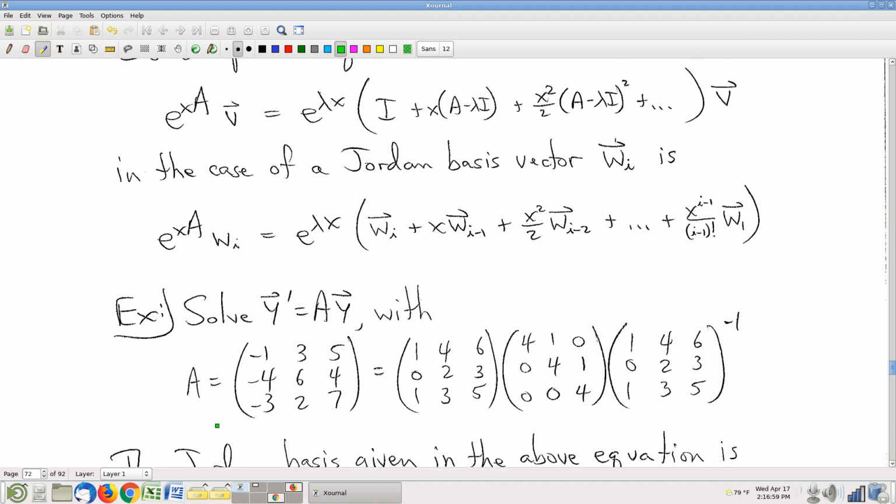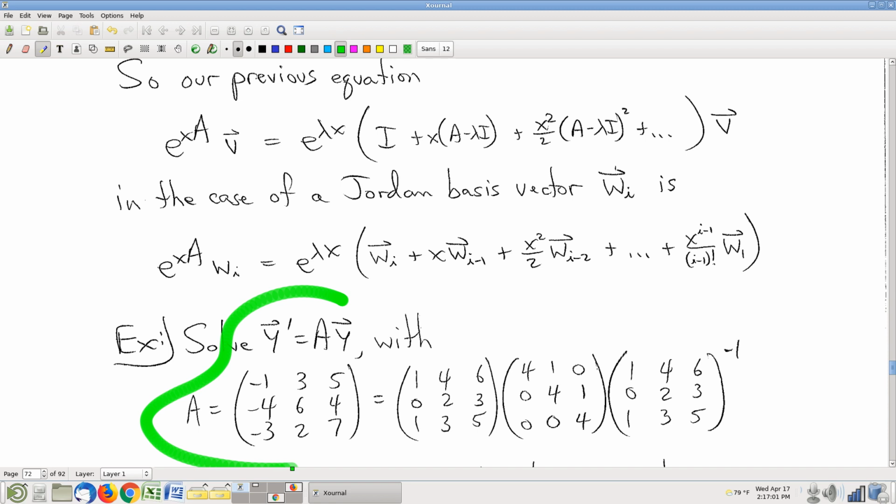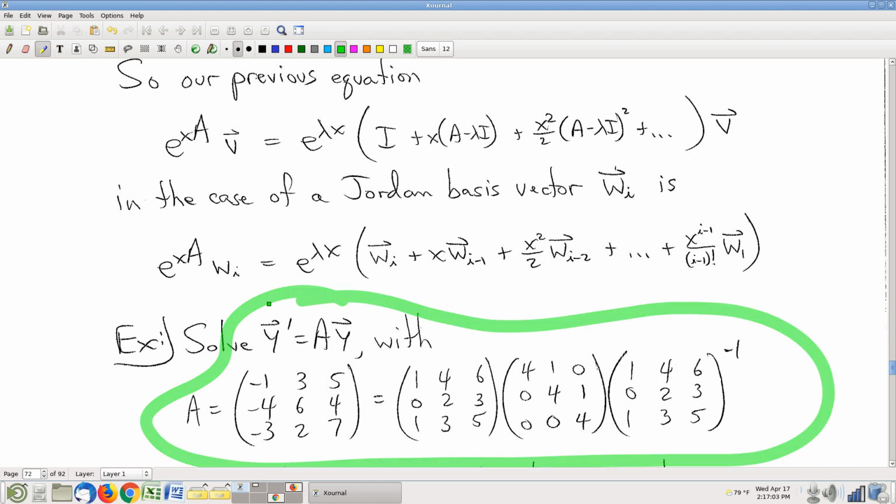Here's a differential equation. I hope you all might recognize this differential equation. We looked at this last time, I guess it was, and we used this in a failed attempt to decouple. It didn't decouple because this isn't diagonal form, but it at least gave us a foot in the door.